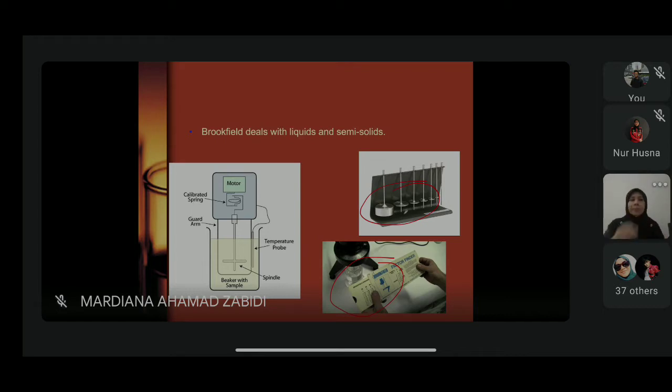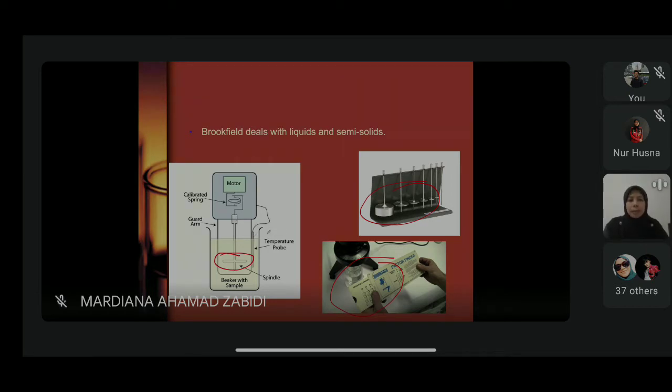All right. So how does the viscometer look like? We have this particular spindle that you immerse in your sample. Tak kisahlah spindle dalam water ke or tomato ketchup ke. And then most of the viscometers are equipped with a temperature probe.